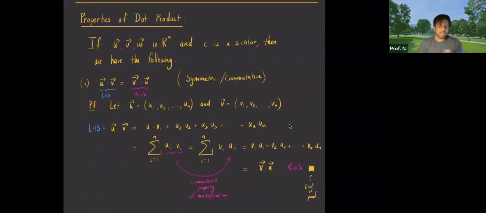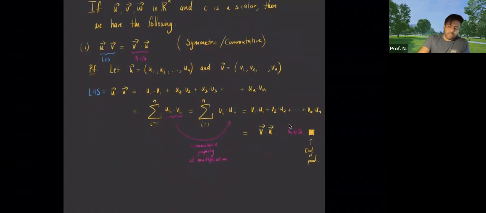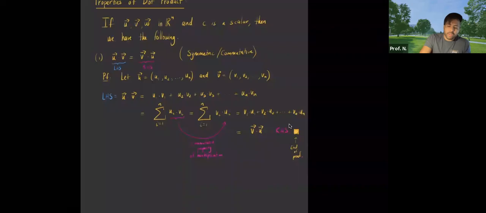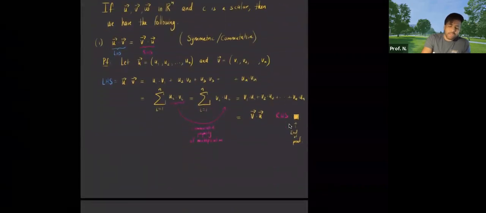Not a really complex one, but just the idea of how to show something is true, particularly in linear algebra. I showed that the left-hand side equals the right-hand side for any arbitrary vector in Rn. So this will work for any. Do you guys see that? Again, it's straightforward because it's expected due to the commutativity of multiplication between two numbers.